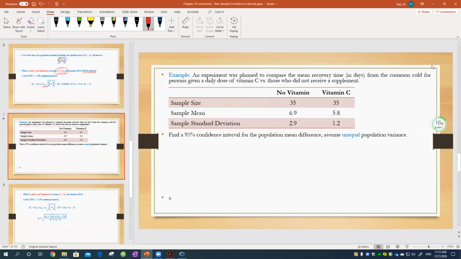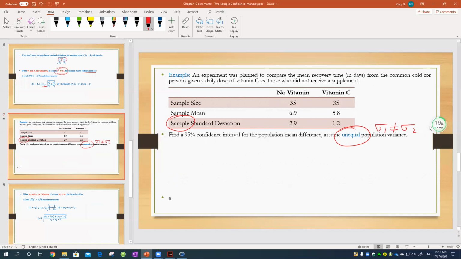So same question, but now we have a sample standard deviation and assume sigma 1 not equal to sigma 2. Although we don't know the exact number of the population standard deviation, we assume the relationship to be not equal of each other.